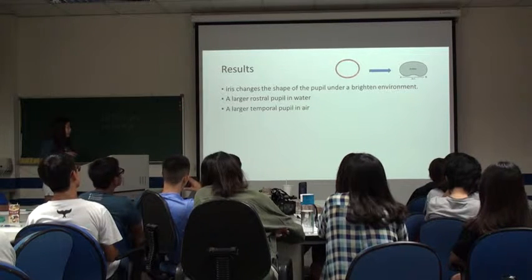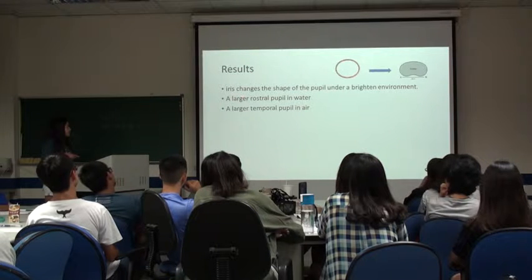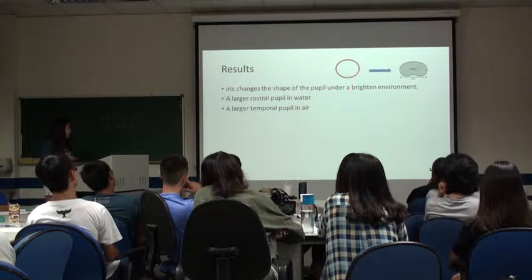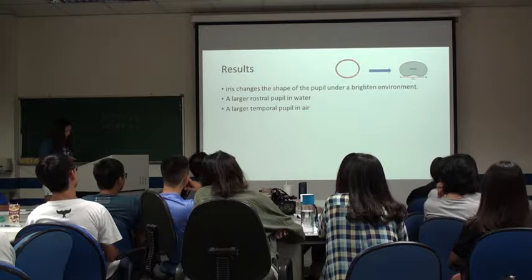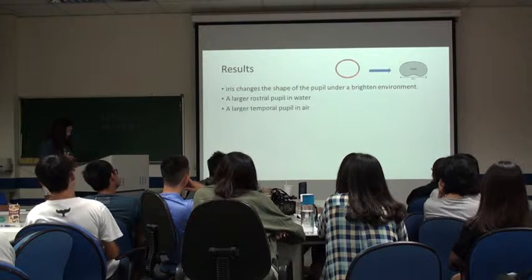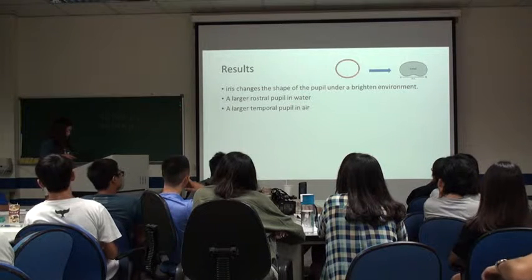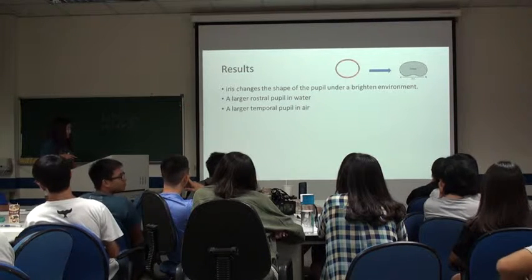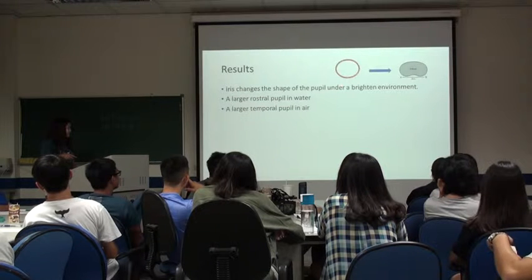And the iris changes the shape of the pupil under a brightened environment, which means underwater they can use it to focus the wave, and in the air the pupil will contract and it can cause a clear image.